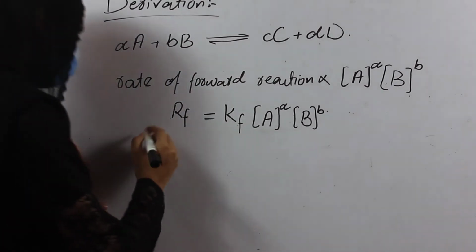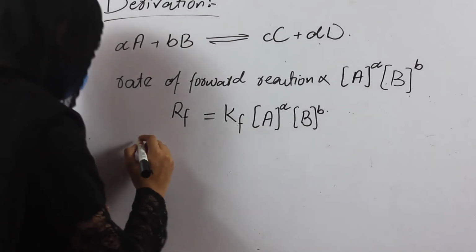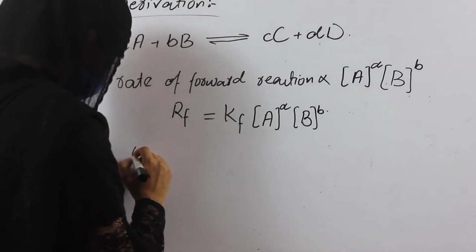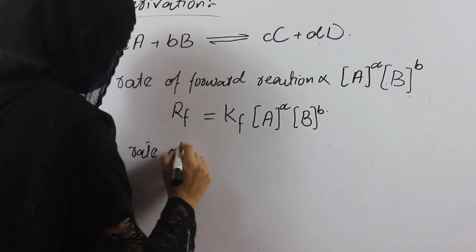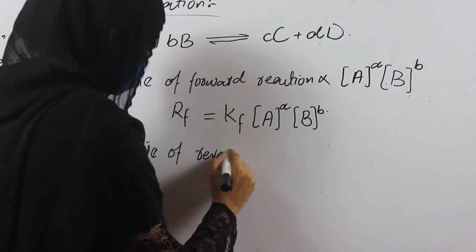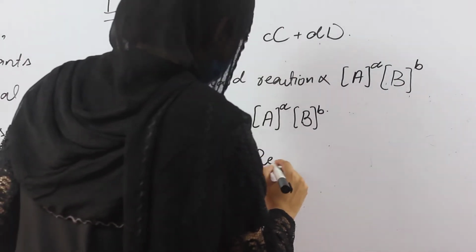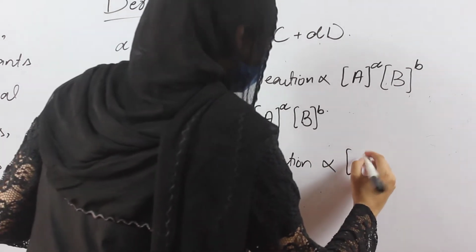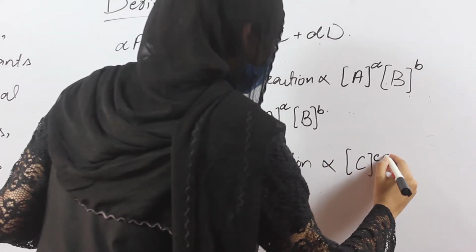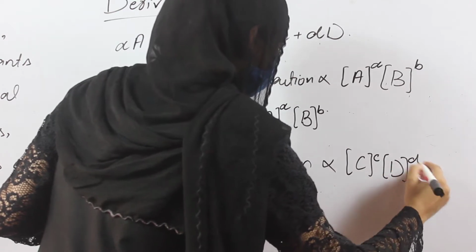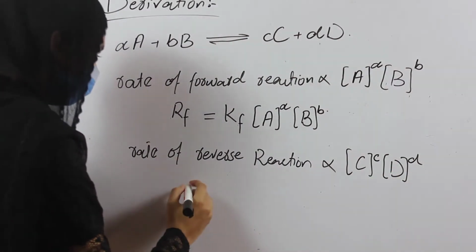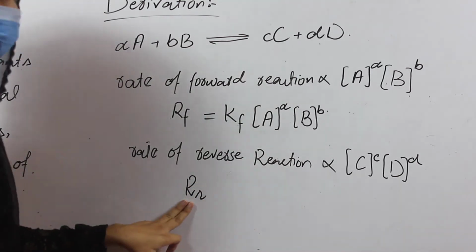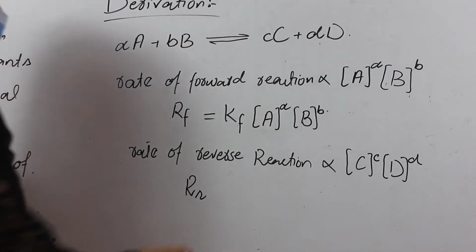Now we calculate the rate of the reverse reaction, sorry, the backward reaction. The rate of the reverse reaction is directly proportional to the number of moles and the active masses of the products. In place of the rate of the reverse reaction we write RR, the representation of the rate of the reverse reaction.